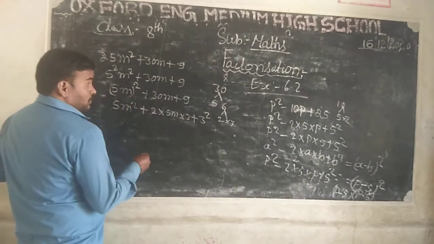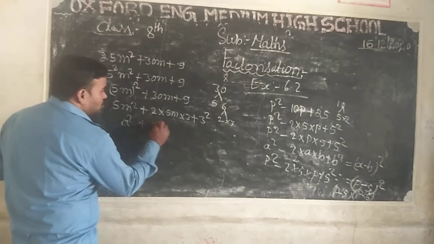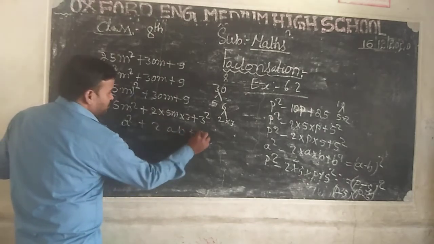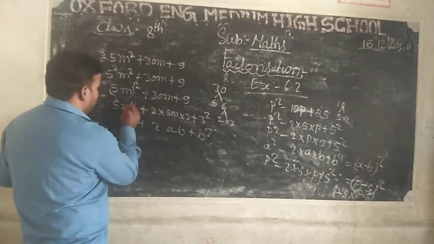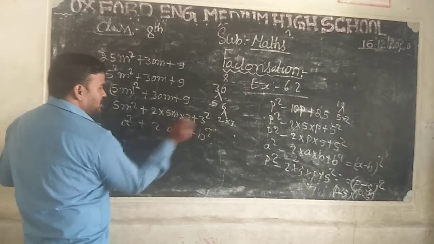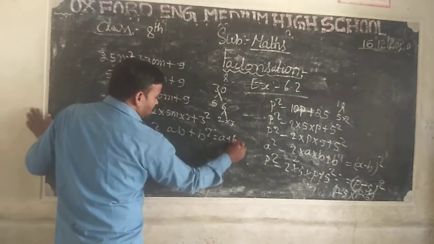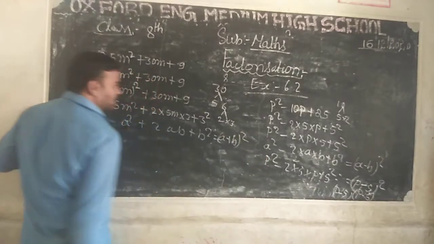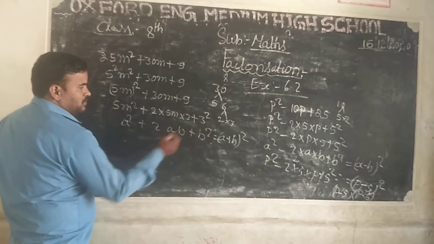So now we compare with the identity a square plus 2ab plus b square. In place of a, 5m; in place of b, 3. So therefore it is equal to a plus b whole square. So a square plus 2ab plus b square is equal to a plus b whole square.